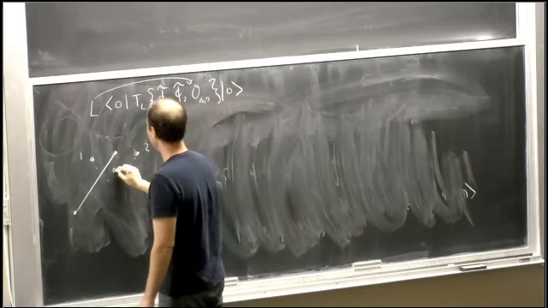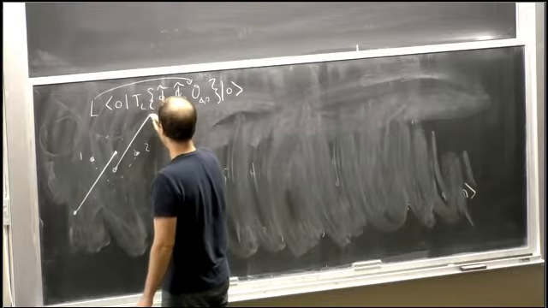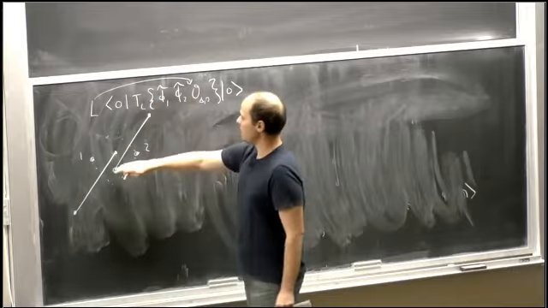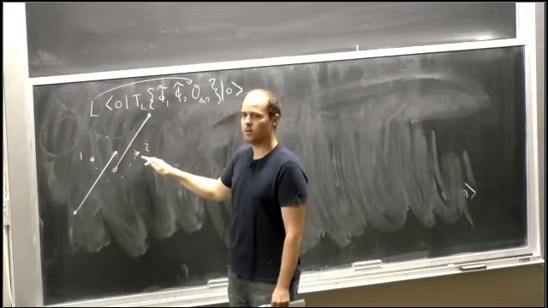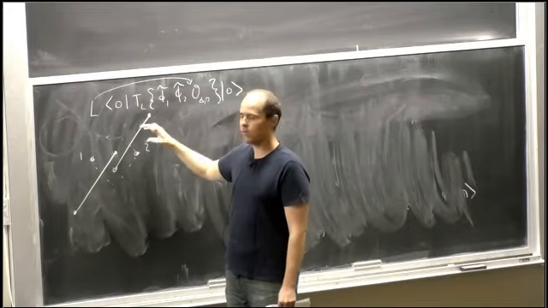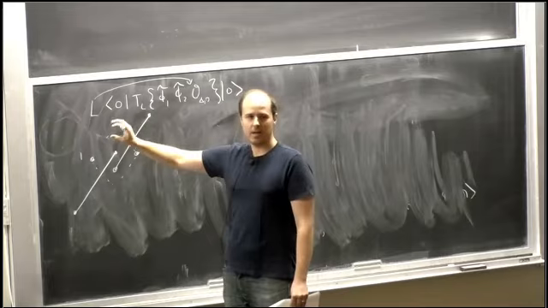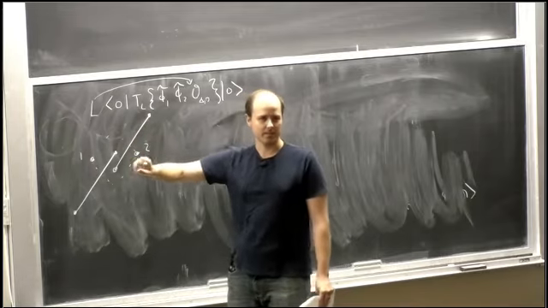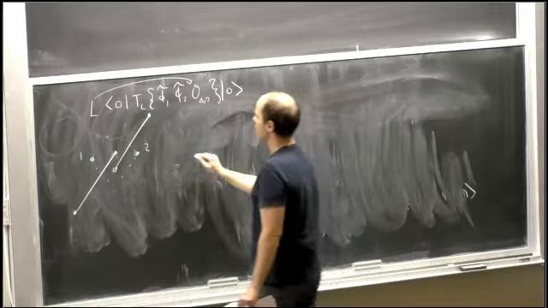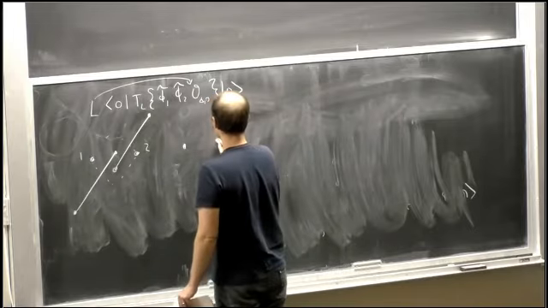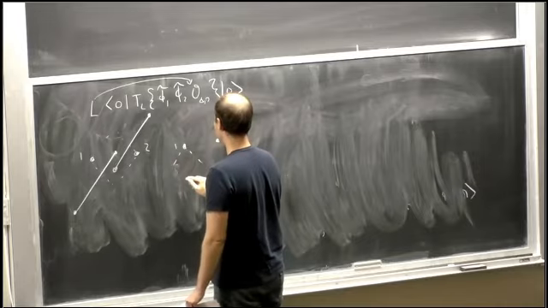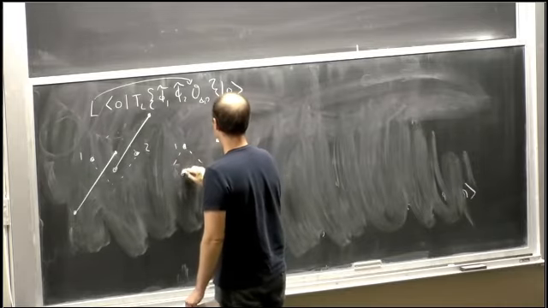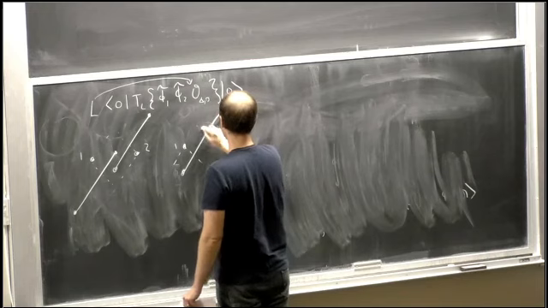Similarly, if O was here, and we did this light transform, everywhere along this contour O is either space-like from 1 and 2, or in the future of 1 and 2, and therefore we can always put O on the left, and then the light transform kills the vacuum. So the only way to get something non-zero is if O starts in the past of 1 and ends in the future of 2.